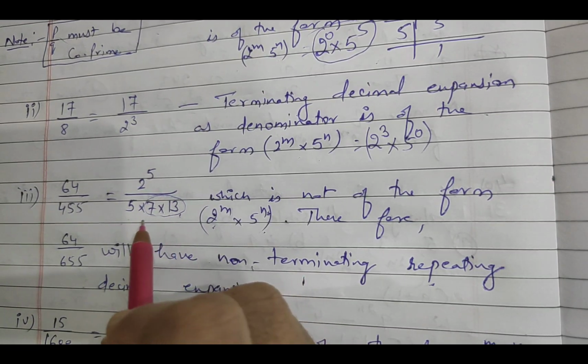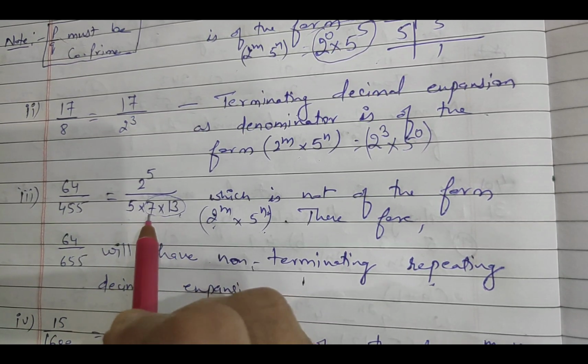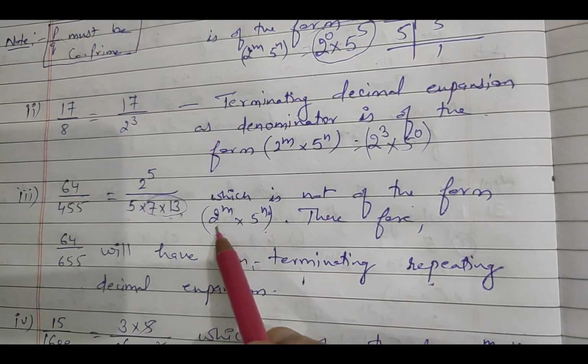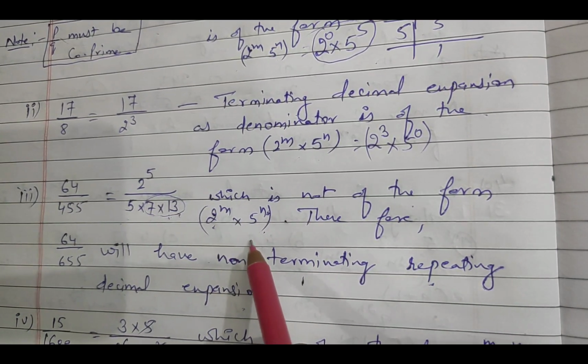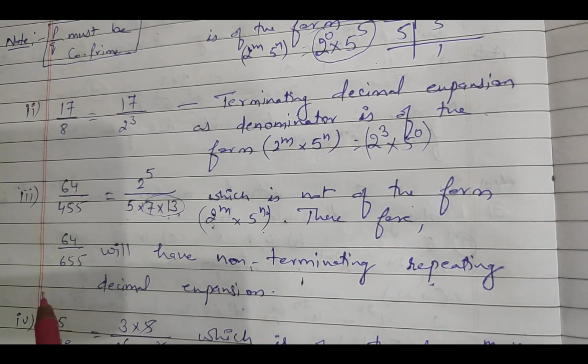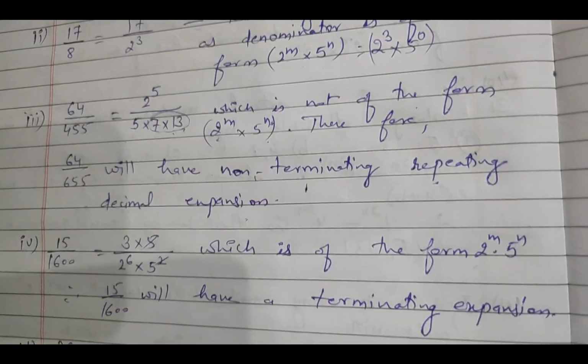We should have only 2 or 5 or both, not any other factor, but we have 7 and 13. It means it is not in the form of 2 raised to power m into 5 raised to power n. Therefore 64 upon 455 will have a non-terminating repeating decimal expansion, right?